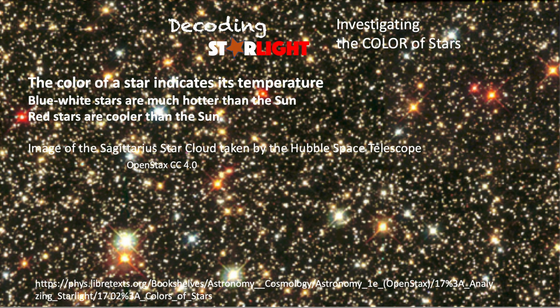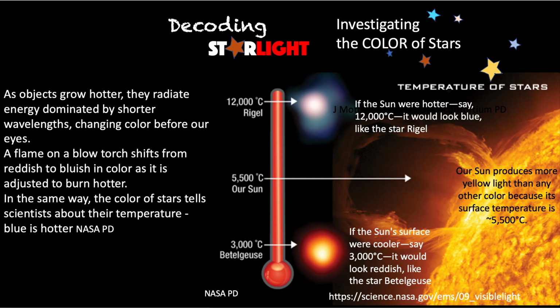So here we have a picture from the Hubble Space Telescope of part of the Sagittarius star cloud, and lots of colours there. And where do these colours come from? So we have the blue ones, there's a star called Rigel, 12,000 degrees Celsius, and that's a bluey white colour.